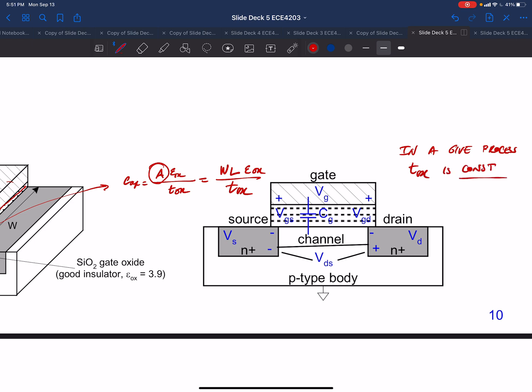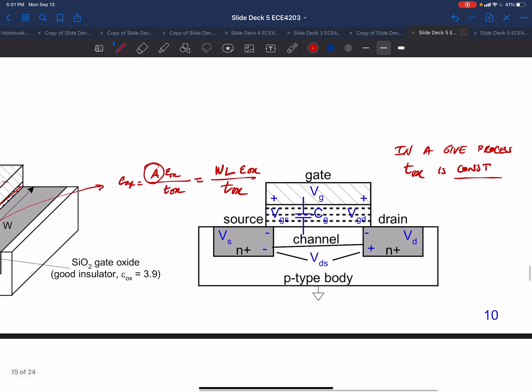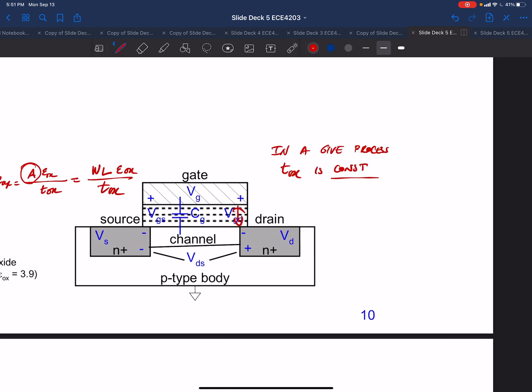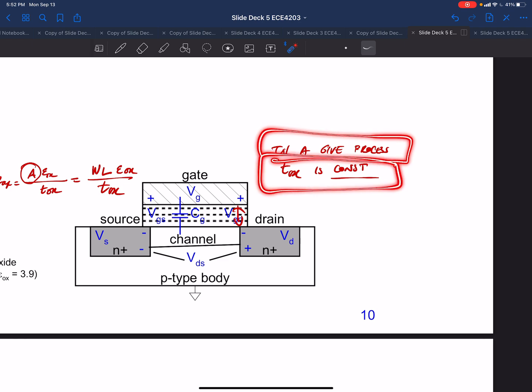It's different in every process, but the thickness of this gate is, in a particular process, the same, because the manufacturer is building a particular transistor over and over again for you. As a designer, you don't have an option to change that thickness. So in a given process, the oxide thickness is constant.